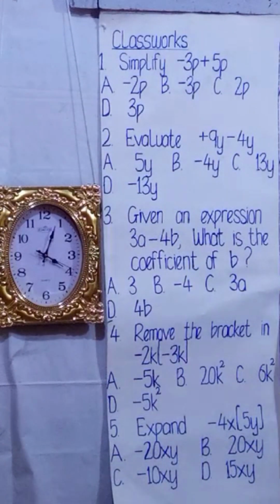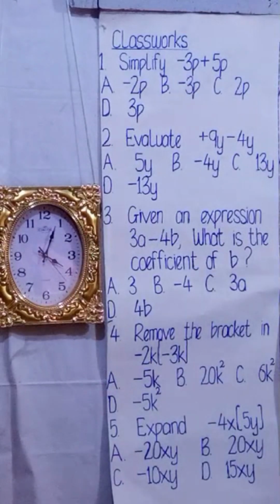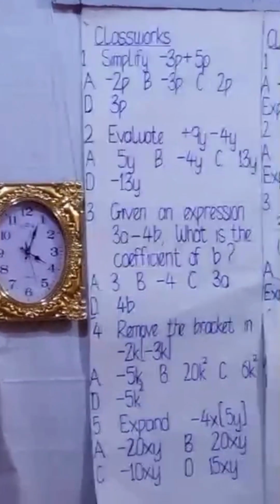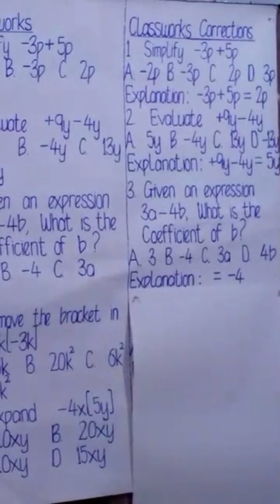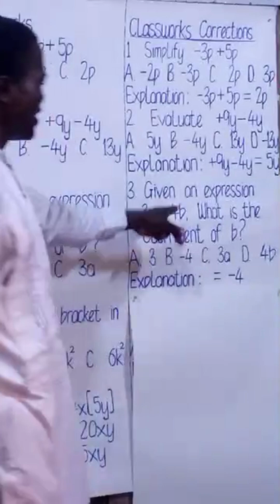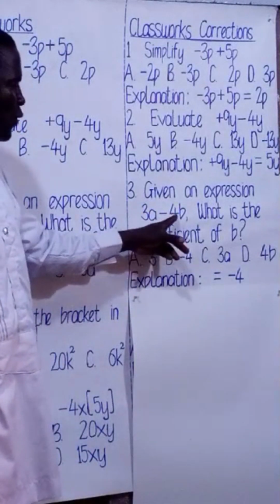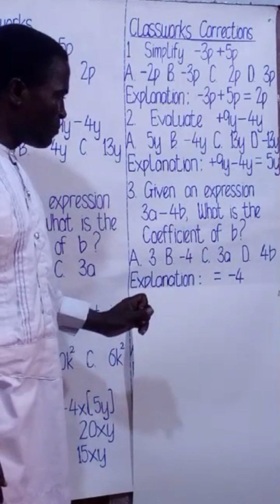Okay, stop writing, everybody. Now, let us quickly look at the correction of activity 3. The question says, given an expression 3a minus 4b, what is the coefficient of b?